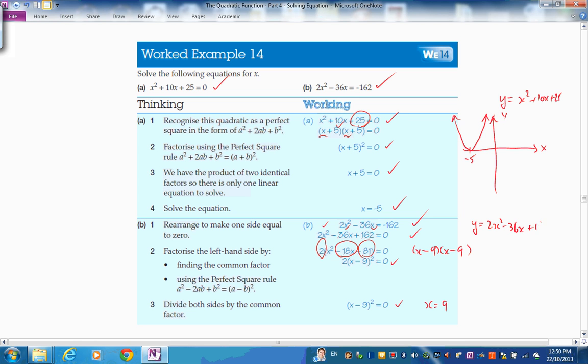here it'd be 162. If you put that equal to naught, it comes to 2 lots of x take 9 squared. So x take 9 goes down here from x squared. It's steeper because of the 2, like that. So this is the graph of 2 times x take 9 squared. And now we know that, oops, hang on, I've got all that wrong, haven't I?